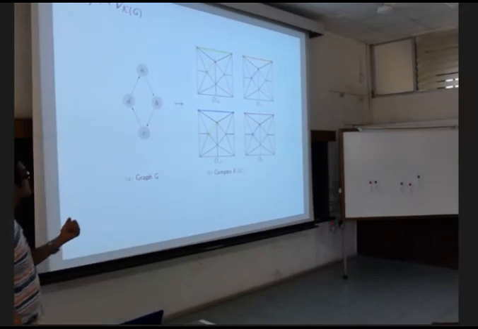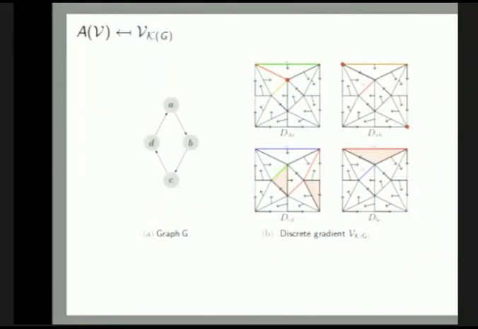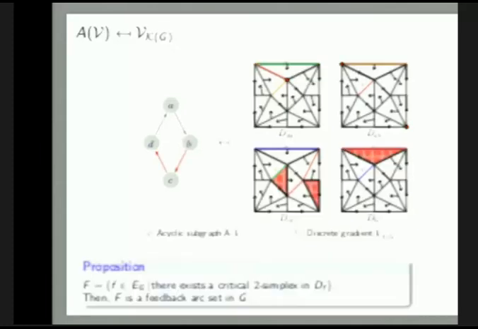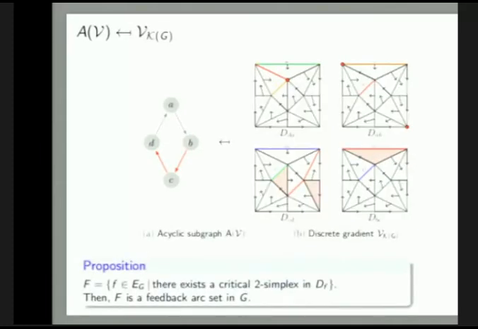So the solution to solution construction goes like this. You have a gradient vector field, as shown in this figure on the right, and you want to construct an acyclic subgraph on this. The rule for that is the following. The feedback arc set is the set of edges where the corresponding dunce hat has a critical 2 simplex.